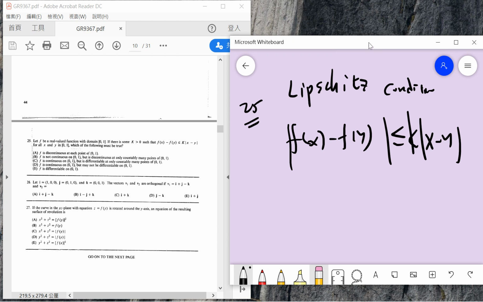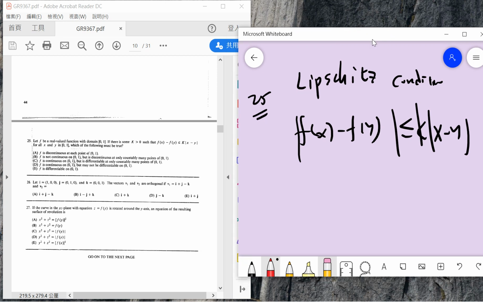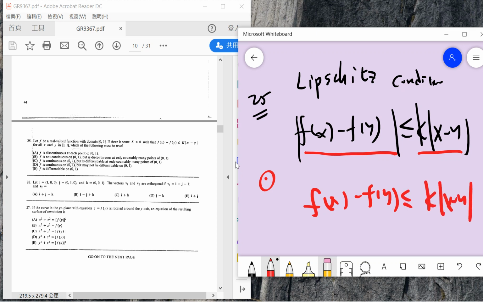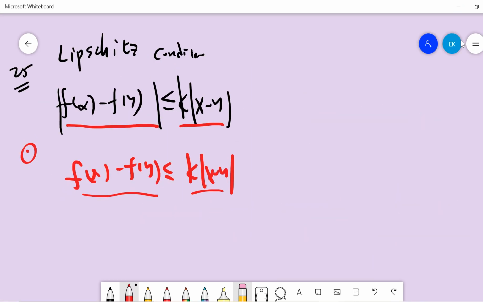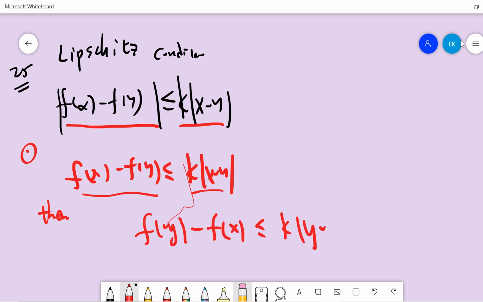Okay. So first, you might think that it's different because there's an absolute value in the Lipschitz condition, but in the question they only give you the one way of this. But actually, if this is correct, then you can change y to x, and it should still be correct.